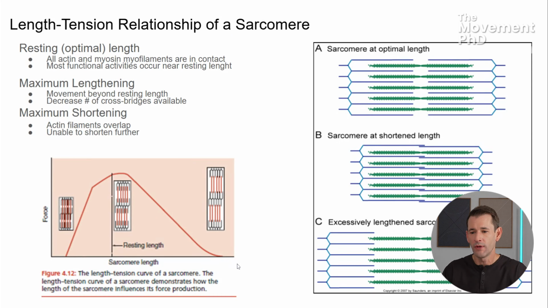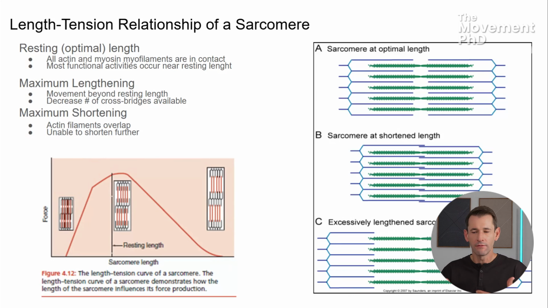Conversely, when we are maximally lengthened, so we have a muscle at the end range, all of the sarcomeres are as lengthened as they can be, I have very little actin overlap with that myosin. So not very many of those motors can do their job. So let's review that. Maximally shortened, I have good cross-bridging, but I have nowhere to go.